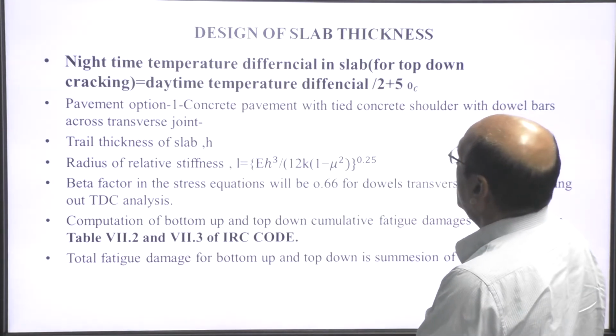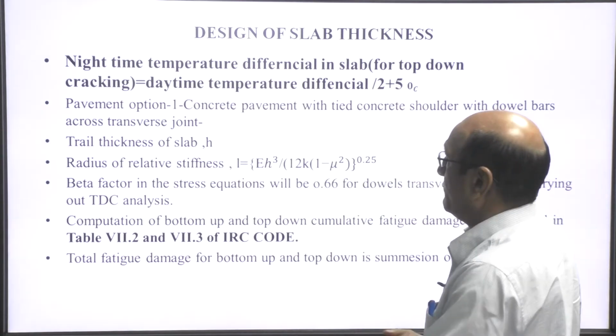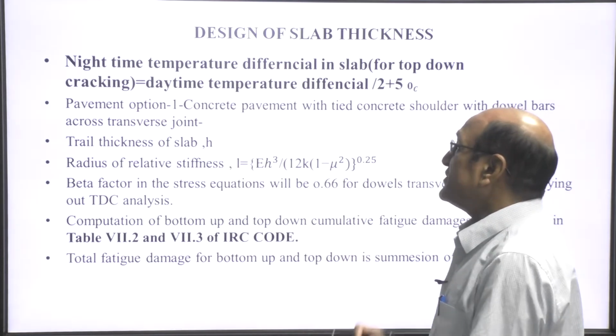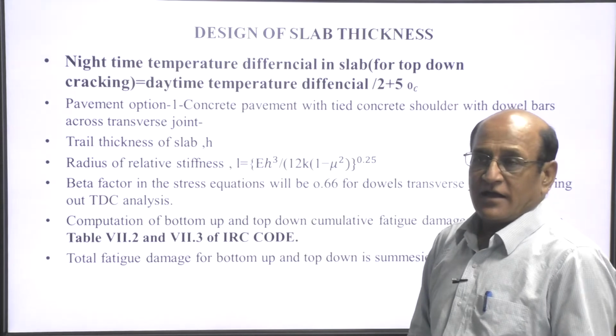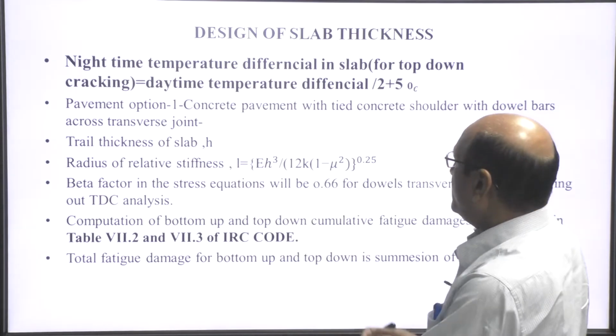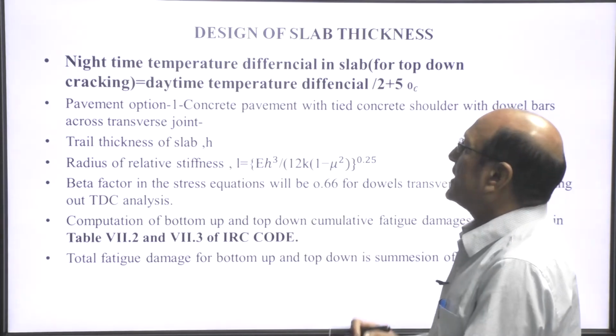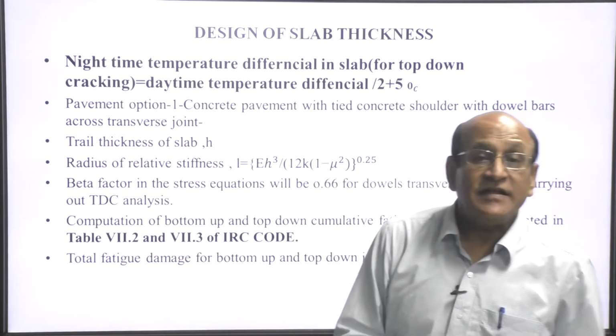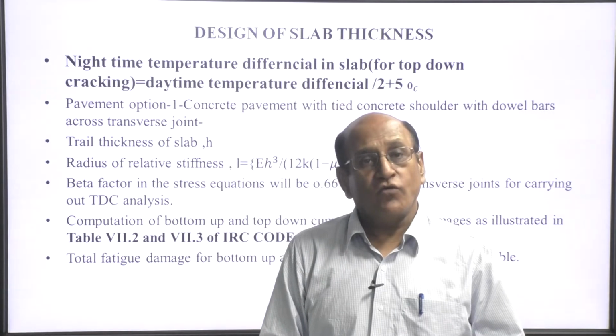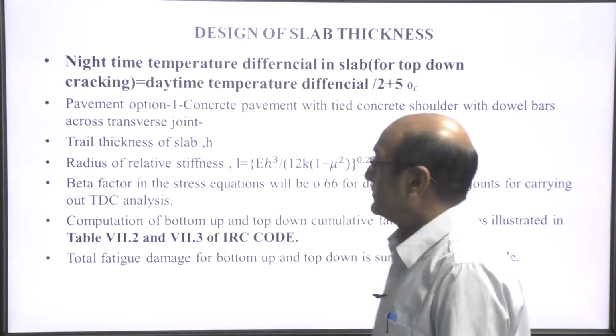Now, design of slab thickness, because the calculation of rigid pavement design is slightly complicated. So, we have just taken an example for the design, and the example is given in IRC code 58 2015.